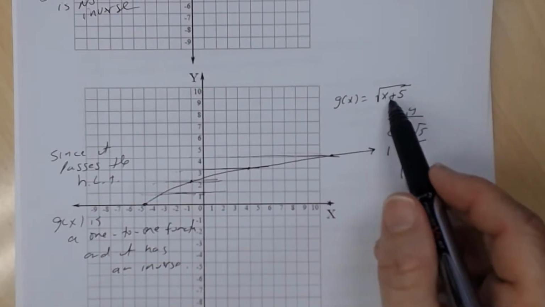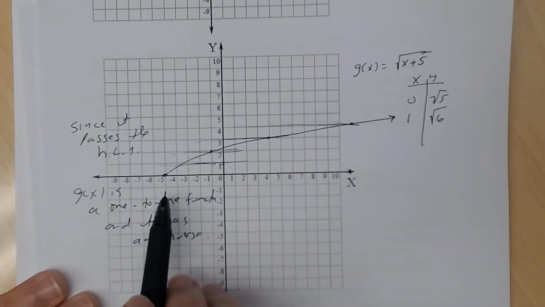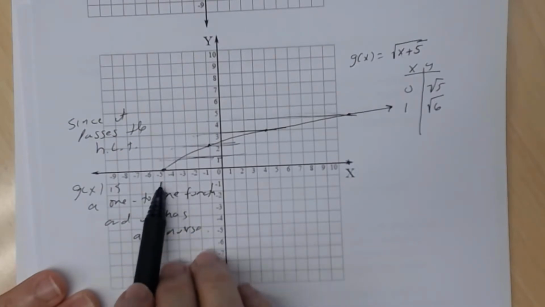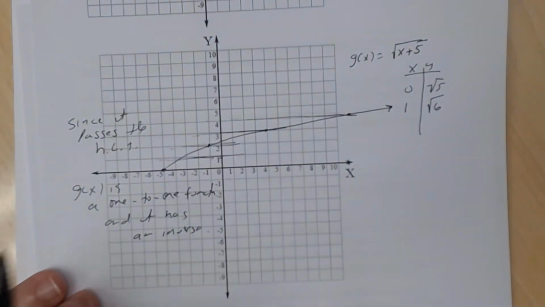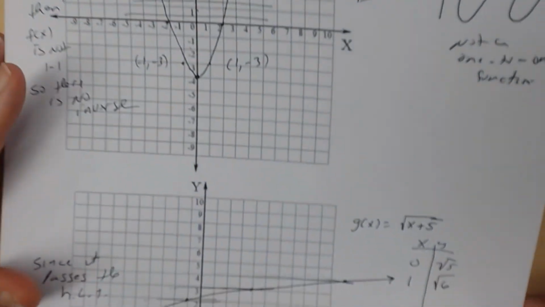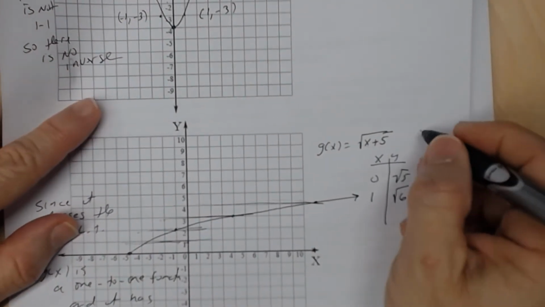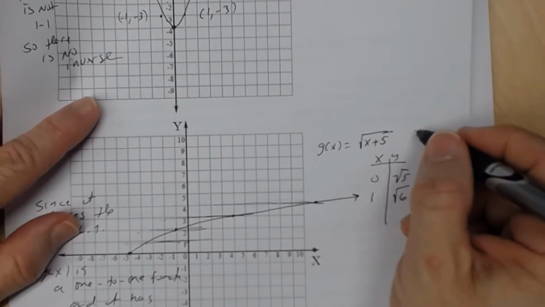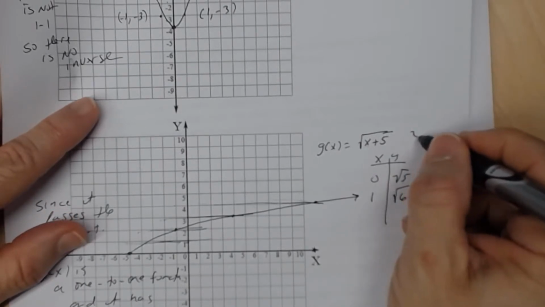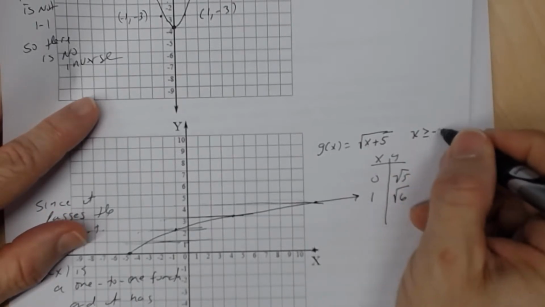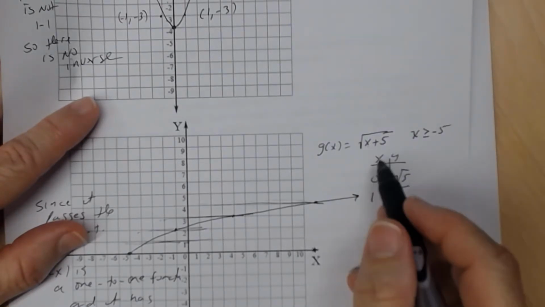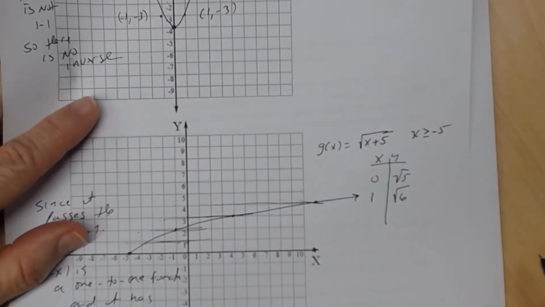The domain of the graph is from -5 to infinity, whereas the domain here is all real numbers. So my domain would be any real number greater than or equal to -5. Those are the only x values I can use.